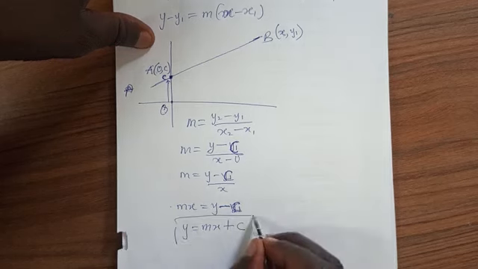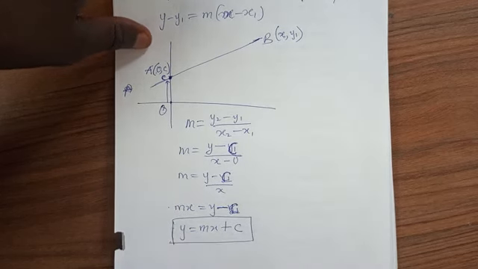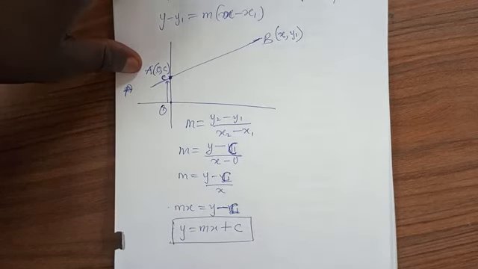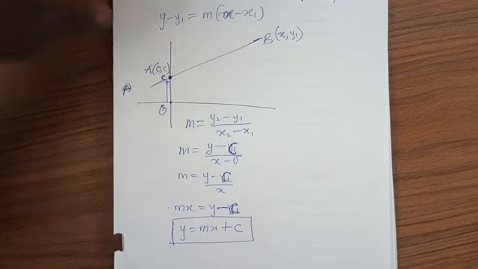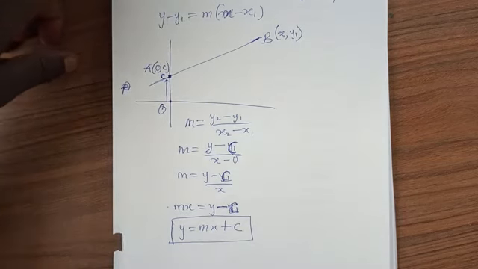So y is equal to mx plus c is our equation. And this gives the equation of a straight line with a gradient m and y-intercept c.